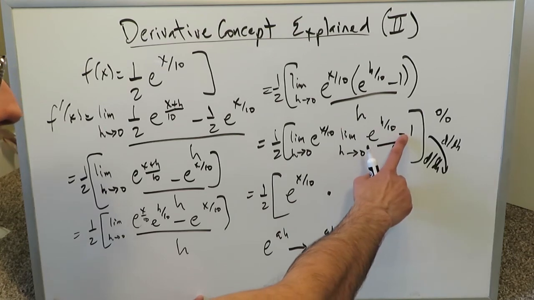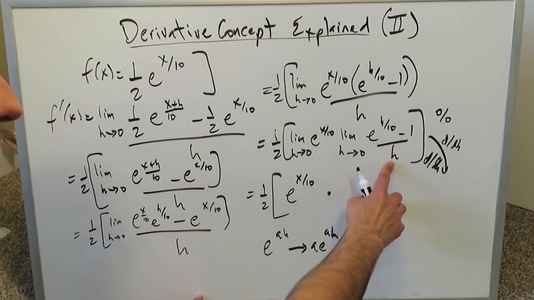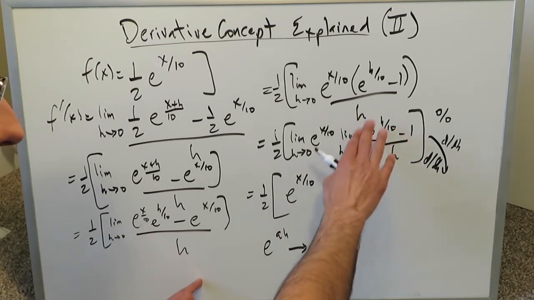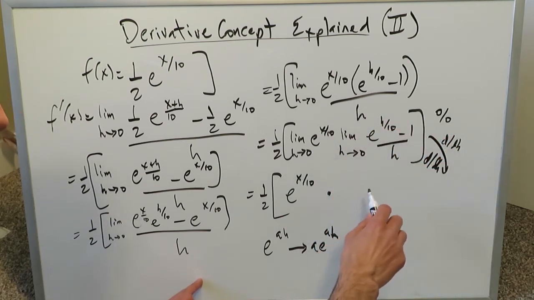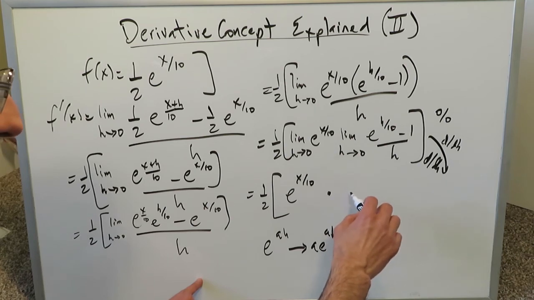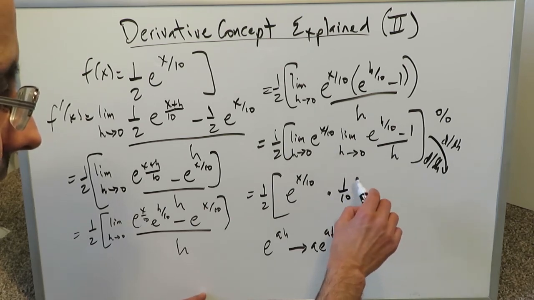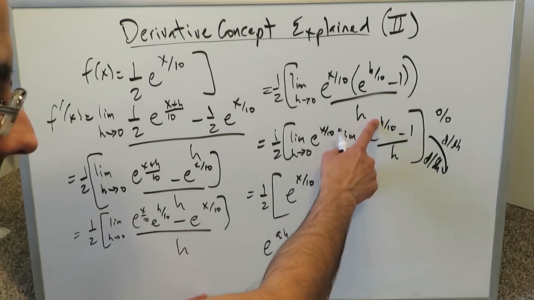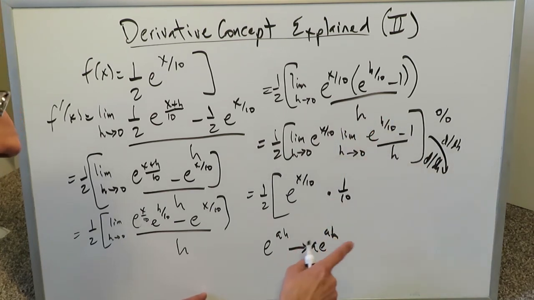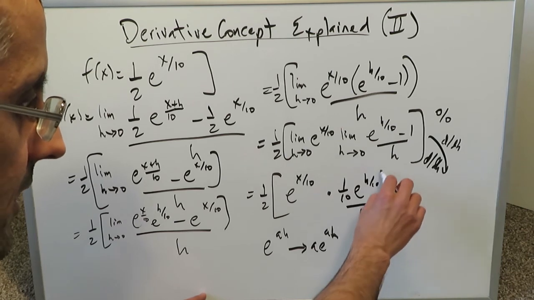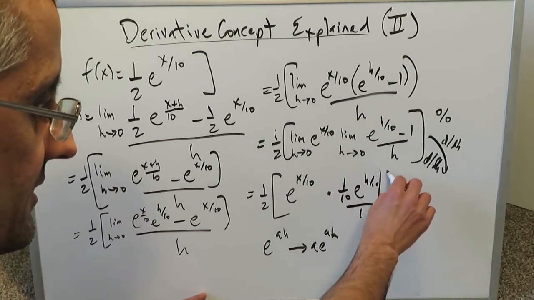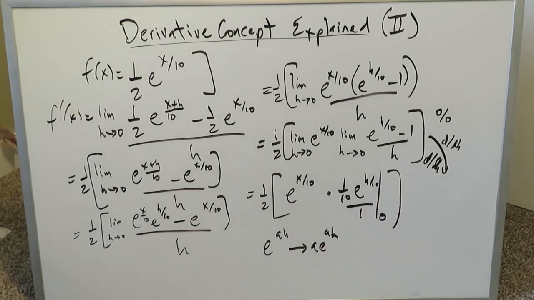The derivative of the 1 is just a 0, the derivative of h is just a 1. So everything here with regards to L'Hopital's procedure, numerator and denominator undergoing the derivative procedures, will just yield you this 1 over 10, which is your a exponent right here. It's 1 over 10 e to the h over 10 all over 1, and this is being hit with a value of 0, which you can plug directly in place of h.